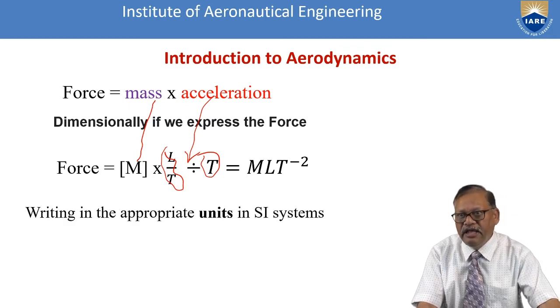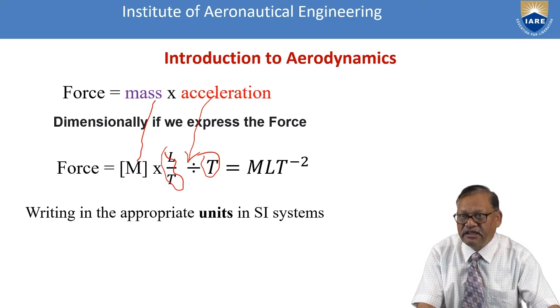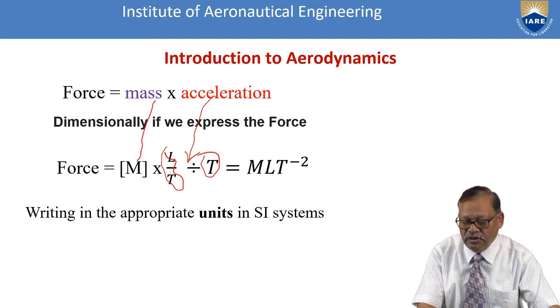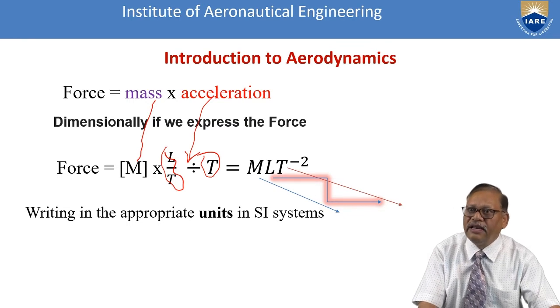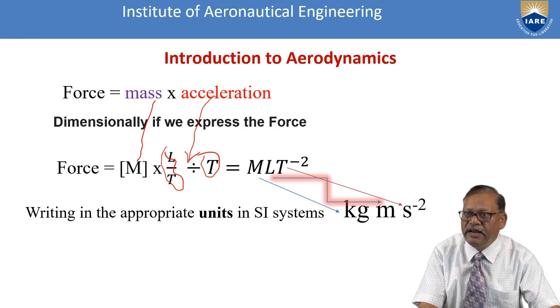But in case I want to write it in SI units, I write m separately, L separately, and T for the time separately. As a result, the unit is kg meter per second square.